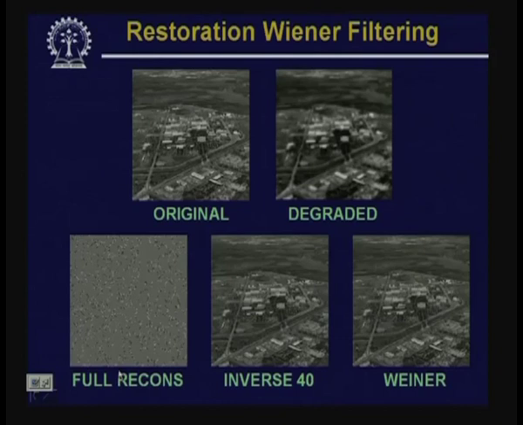Here we have shown the image restoration of the degraded image using Wiener filter. Again, on the left hand side of the top row is the original image. The right hand side of the top row gives you the degraded image. The leftmost image on the bottom row shows the reconstructed image using inverse filtering, where all the frequency components are considered.